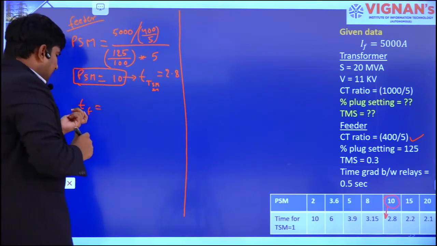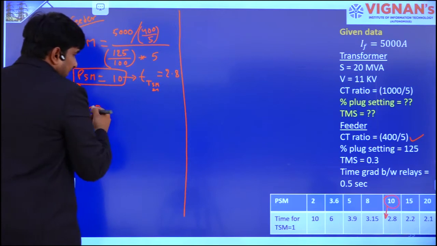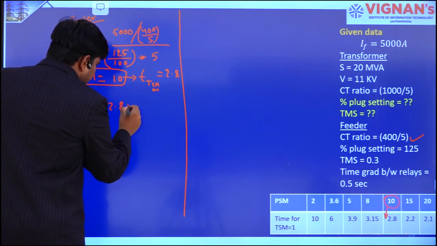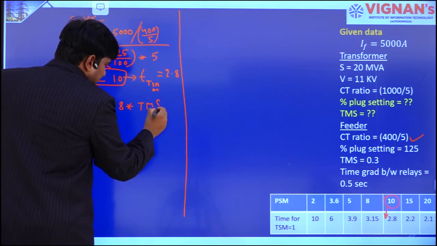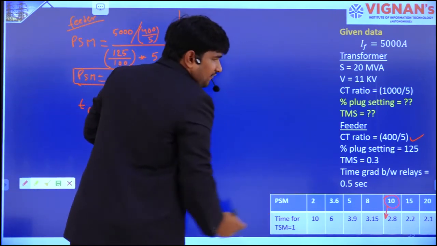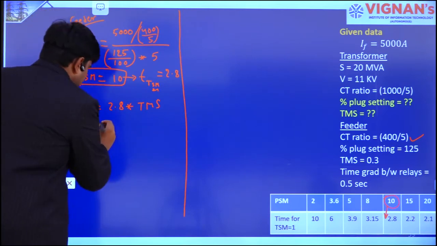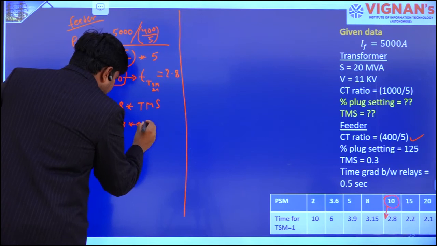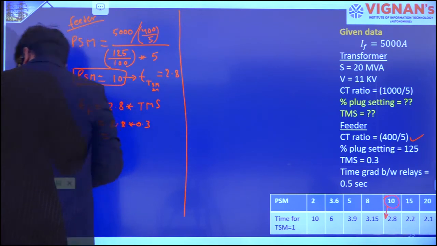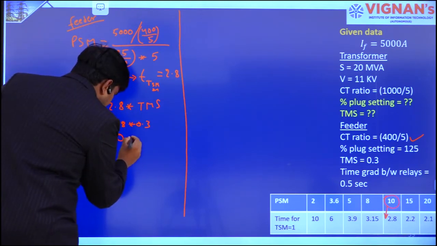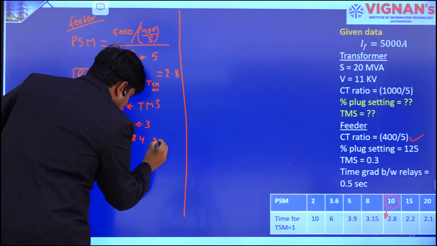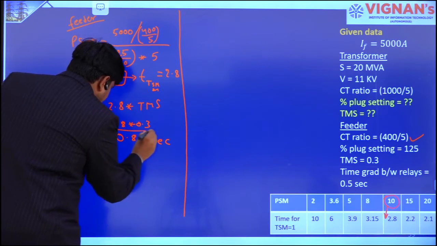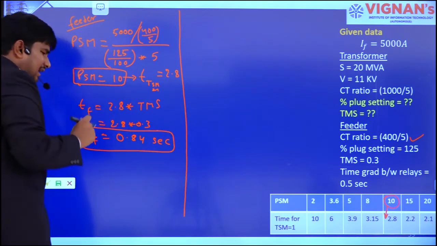So the operating time of the feeder relay is 2.8 times the time multiplier setting. What is the time multiplier setting of this relay? 0.3, right? So 2.8 into 0.3 will come to 0.84 seconds. This is the feeder relay operating time.